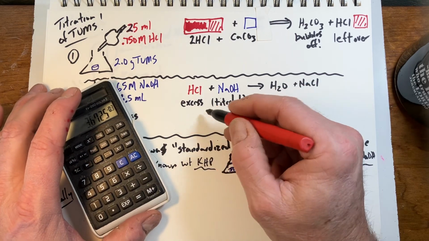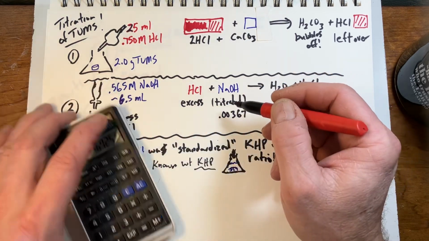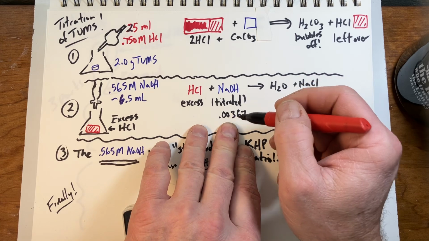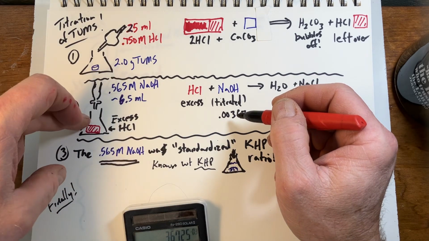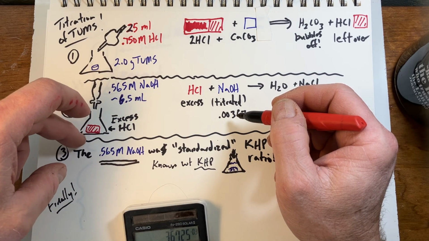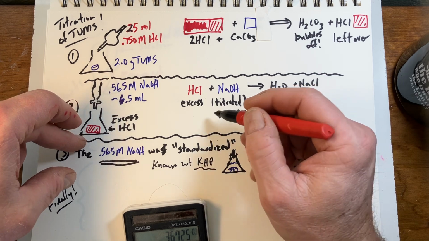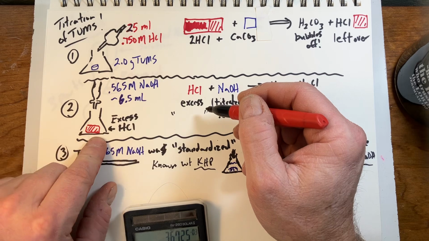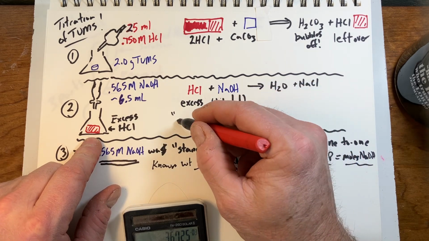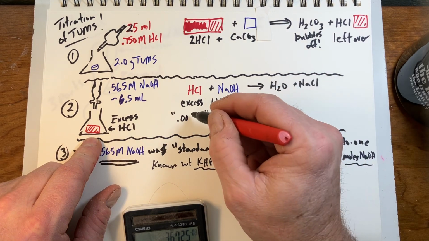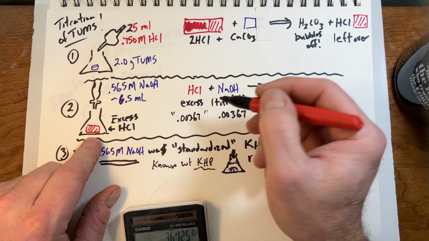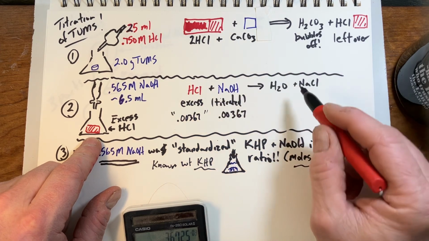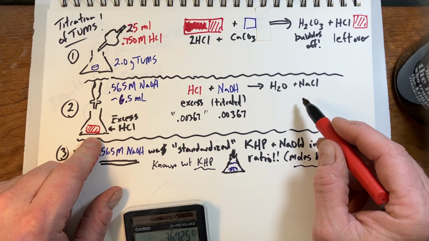And if I don't know the HCl, now I do, because this amount of NaOH titrated into the titrand, the HCl that was excess, I know the exact amount of that HCl that we called our excess. It's also 0.00367 because they react in a one-to-one manner to make water and NaCl.